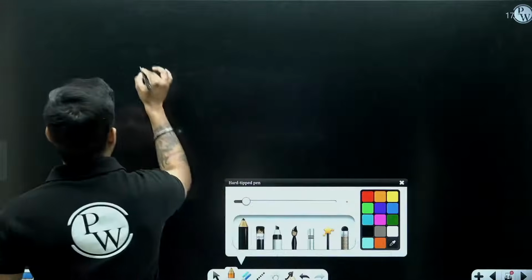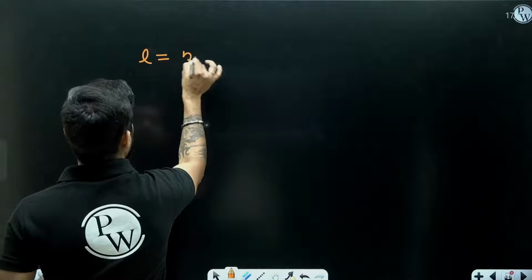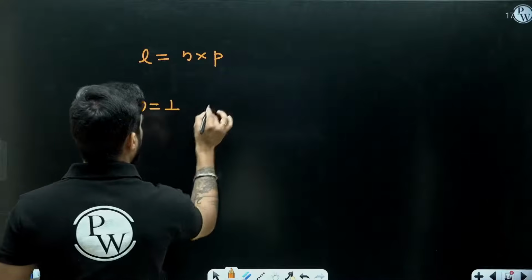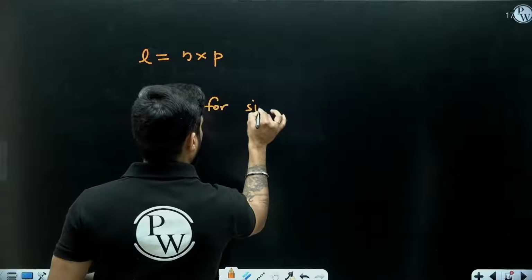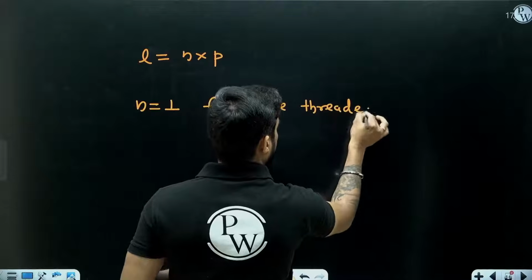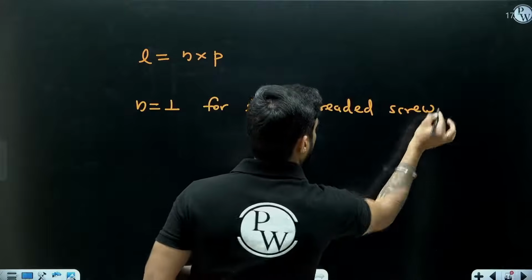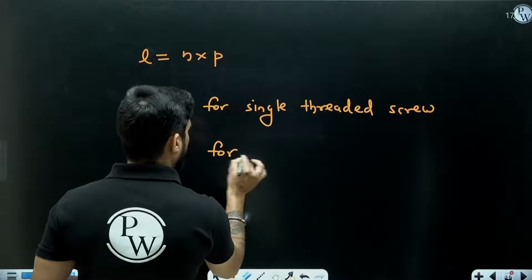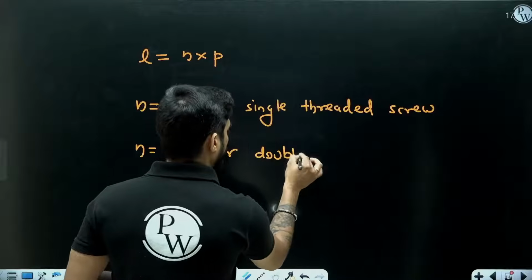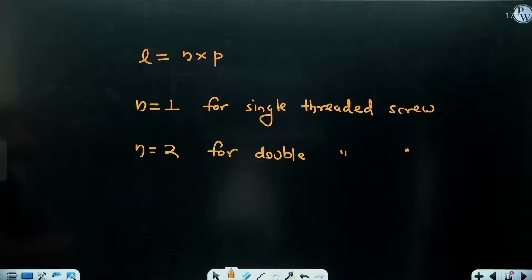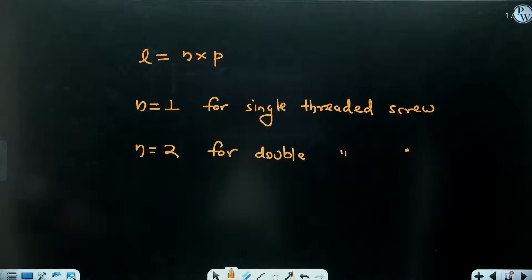So you can say that L is equal to N into P, where N is equal to 1 for a single threaded screw and N is equal to 2 for a double threaded screw. If nothing is mentioned, assume that it is a single threaded screw.